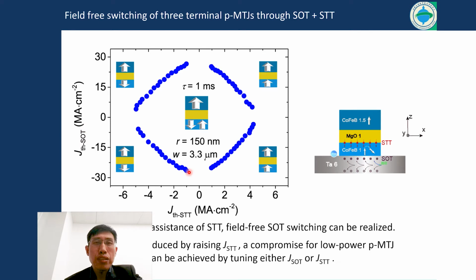As you can see, if the STT current is very large, the SOT can be very low. On the contrary, if the STT current is very low, the SOT current is very high. So this shows the perfect combination of the joint effect.